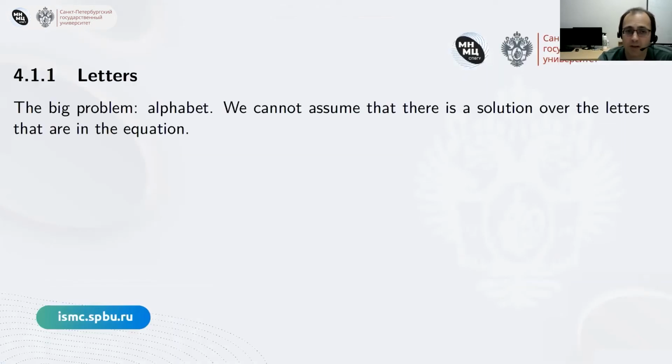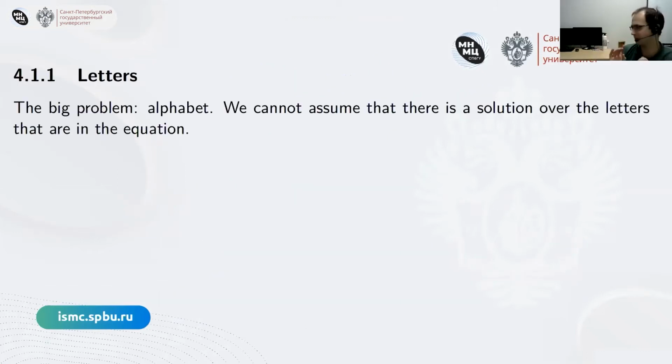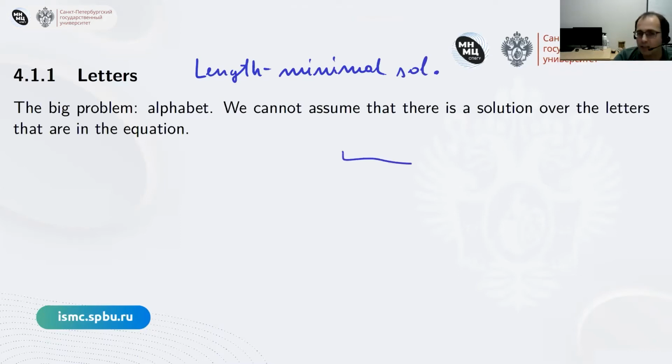Okay, so the algorithm just uses those two extra things and everything works, but the problem is that the proof no longer works, because previously we used those lemmata which said something about length minimal solutions. The fact was usually that, for instance, the letters that we use in this length minimal solution need to appear also somewhere else, explicitly in the equation.